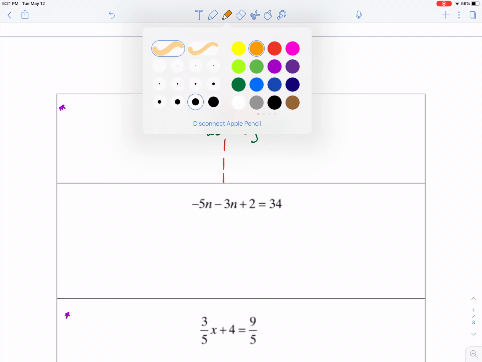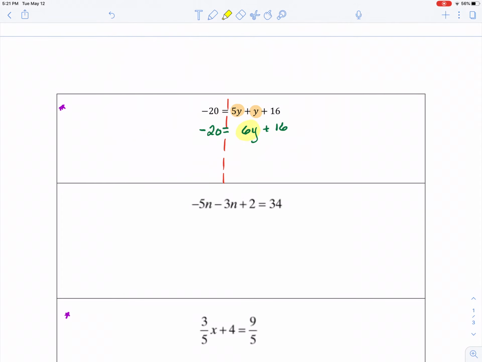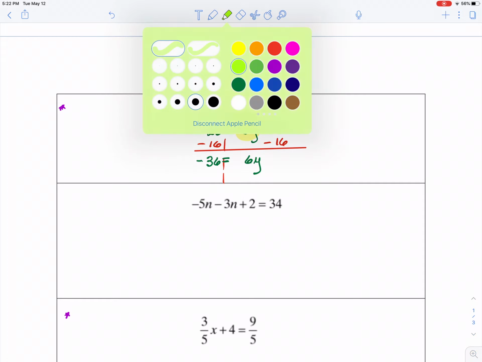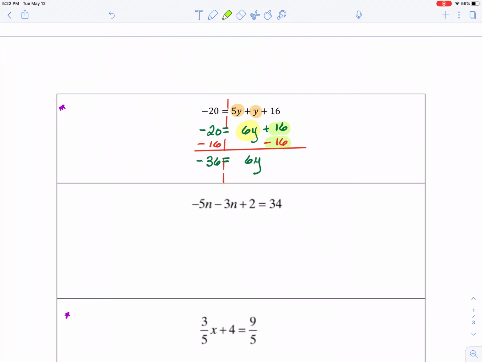Next, I want to try to isolate this positive 6y variable term, and the way I'm going to go about that is to move away by subtracting away, or adding a negative if you want to think of it that way. So as I do the arithmetic, I can see on the left-hand side I get negative 36. Here's my equals mark. I'm bringing down the 6y, and of course you can see that the positive 16 and the negative 16 here add up to 0.